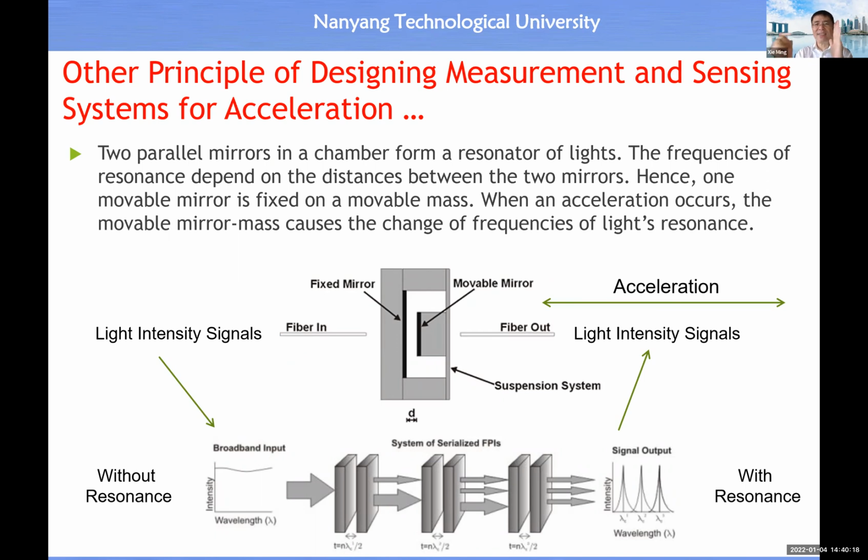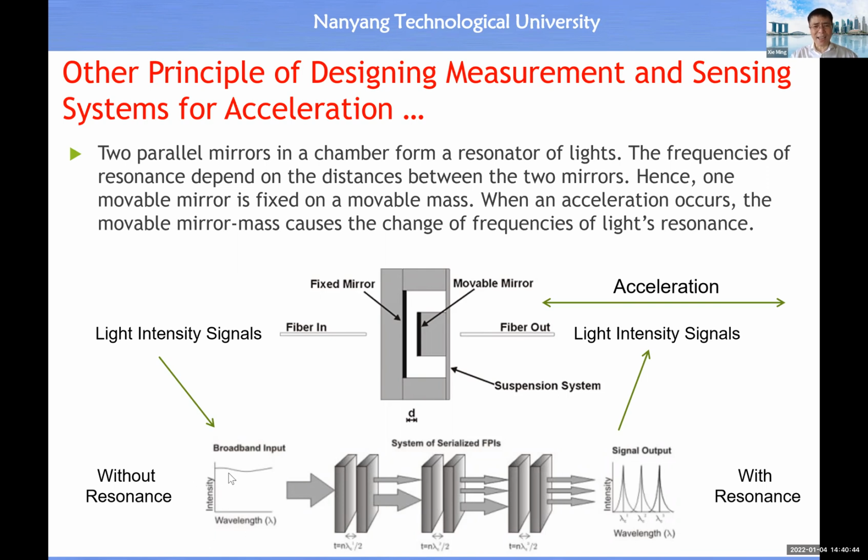Then when the light enters, because the mirror will reflect the light, the light will enter into resonance because it keeps moving in all directions. Then the gap between these two mirrors will dictate the wavelength or frequency of the light wave, all right?